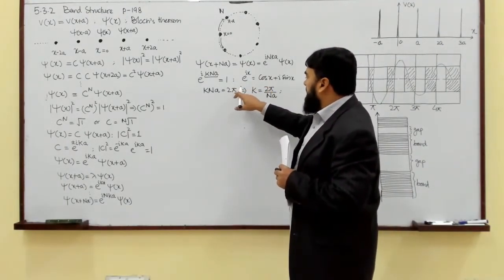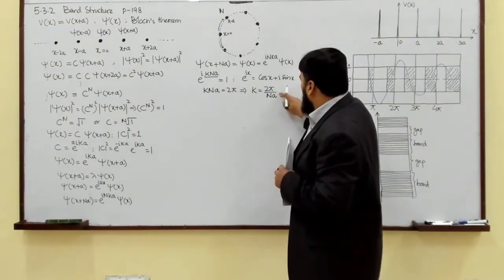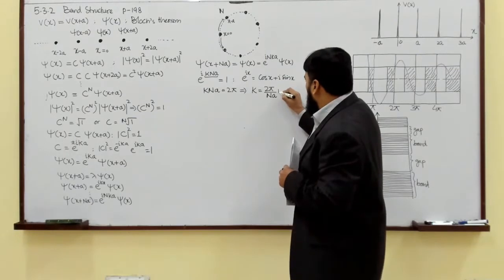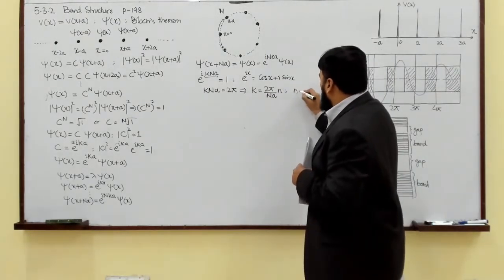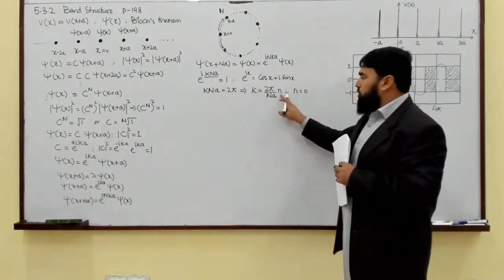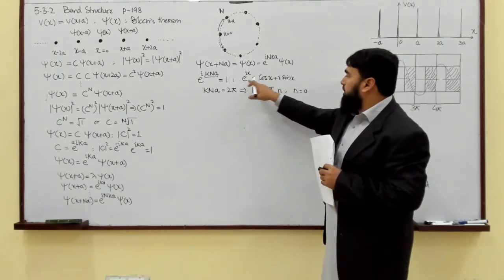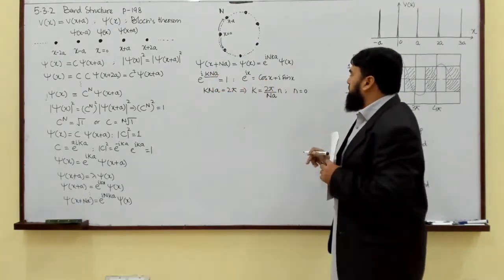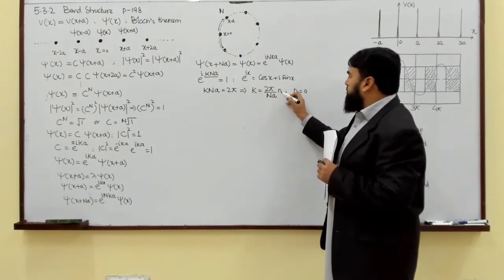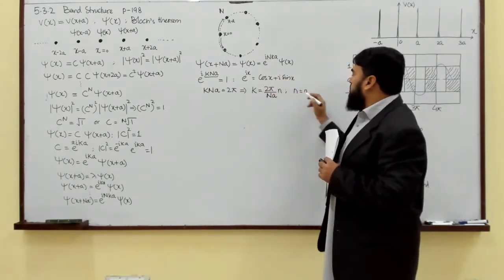For example, if I write that this thing is n times this, and n is 0, then this is true, because if I put 0 for n, then this thing will be equal to 1.